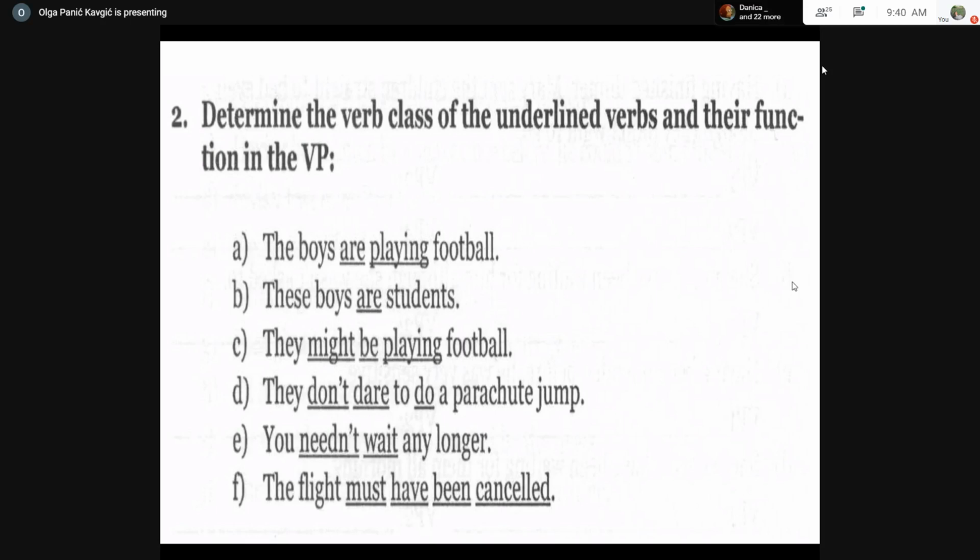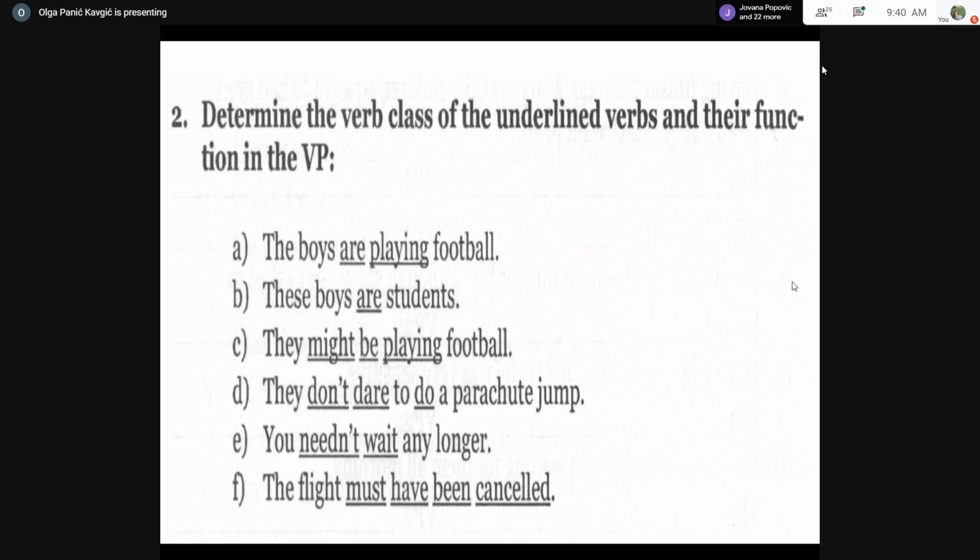The last two verbs, need and dare. They're called marginal modals because they behave somewhat differently. They can be either auxiliaries or main or lexical verbs. I think I gave you many examples already, but okay, let's find one with need. For instance, I need a cigarette.